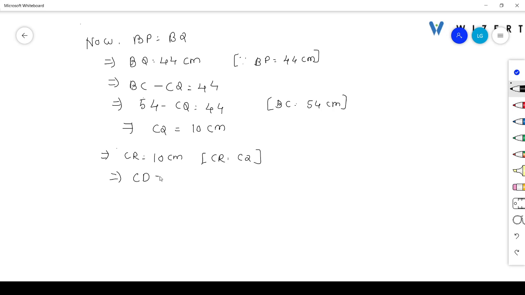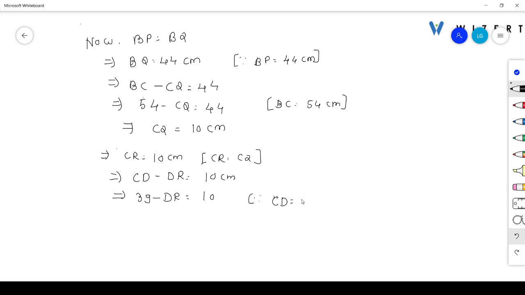CR is CD minus DR. CD is given as 39 centimeters. So DR will be 39 minus 10, which means 29 centimeters.